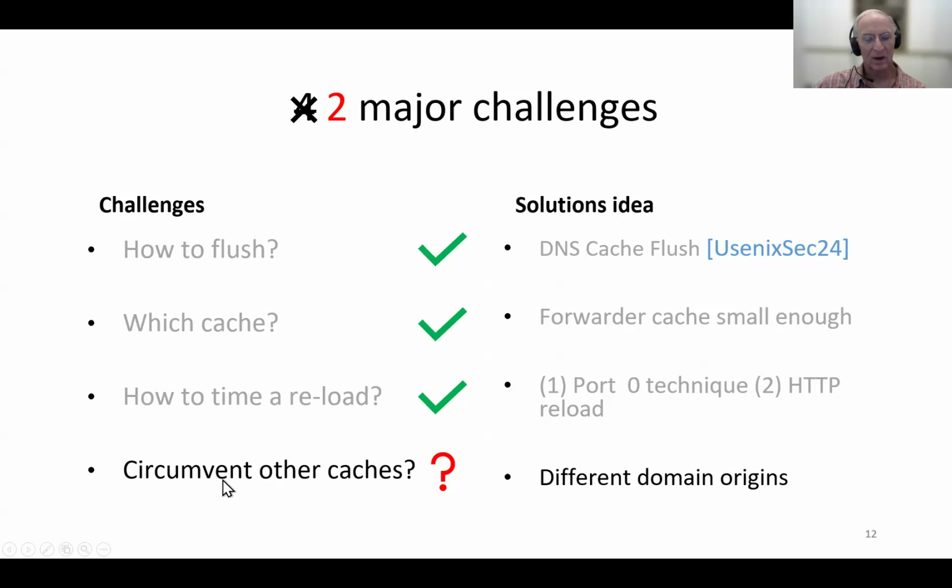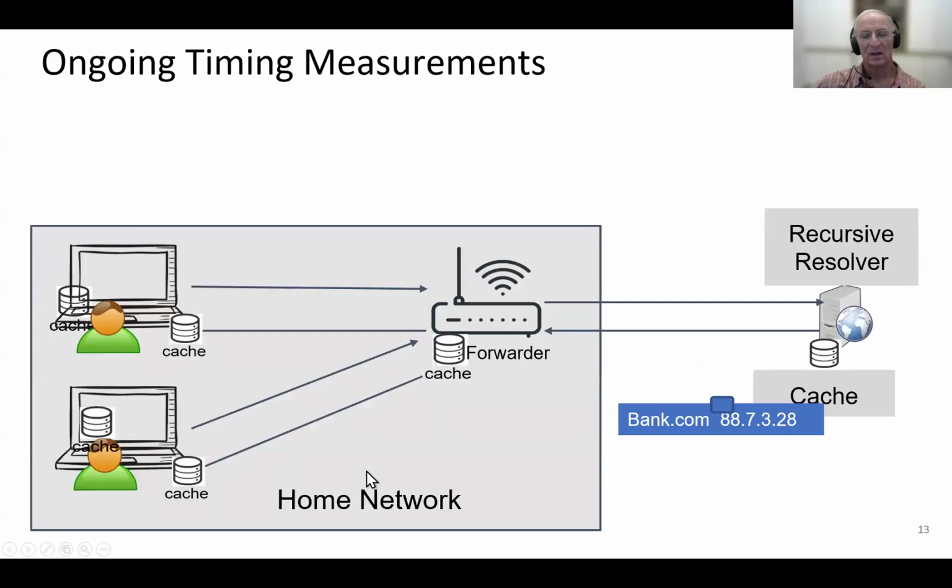Now we have to see how we deal with the different caches in the victim's home. The victim's home has the caches, as we discussed earlier: forwarder, operating system, and browser cache. When the victim visits bank.com, the record is installed in the forwarder cache, in the operating system cache, and in the browser cache.